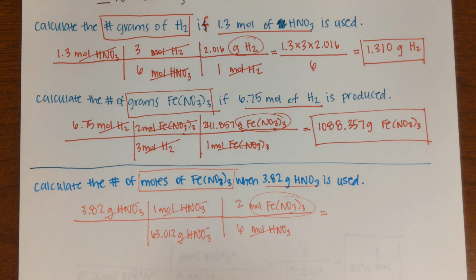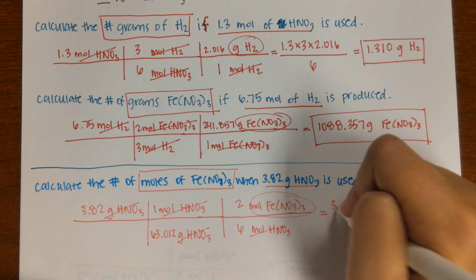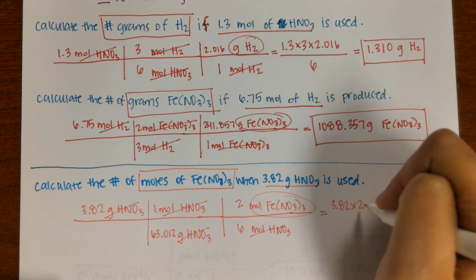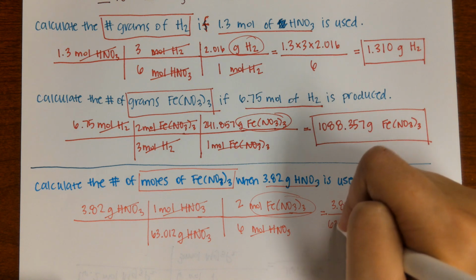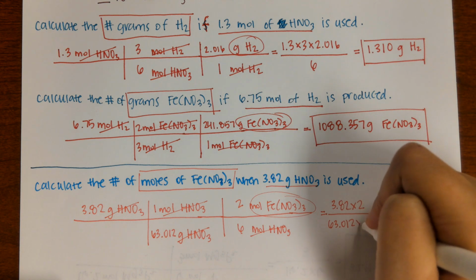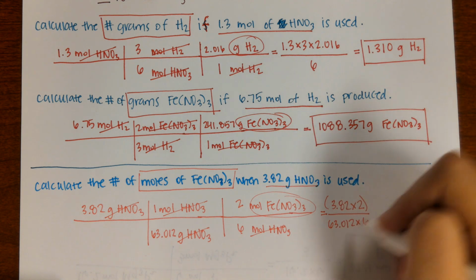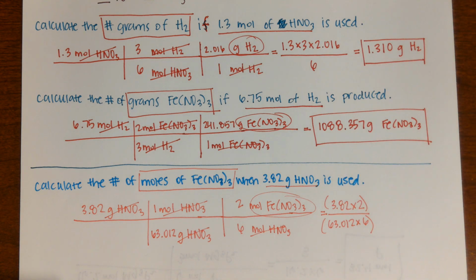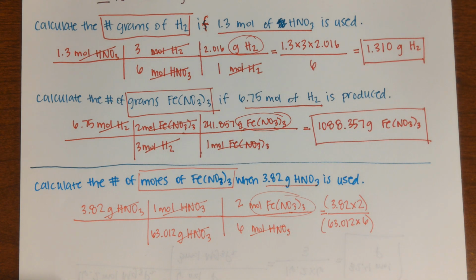So 3.82 times 2 divided by 63.012 times 6. If you like to punch everything in at once in your calculator, which I highly recommend you don't, I highly recommend just calculating step by step.